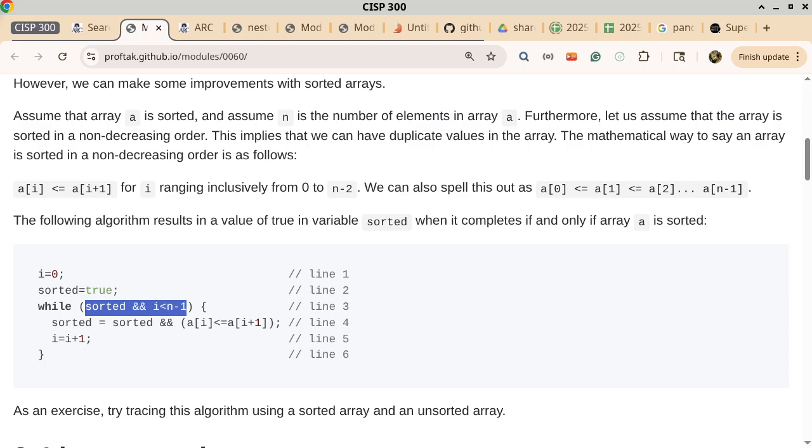When this entire conjunction is true, everything I have seen up to this point of the array is sorted, but I'm not done yet. There are still additional items in the array that might show that the array is not sorted. So we have to continue the loop. We have more iterations to perform. Is that okay? All right.